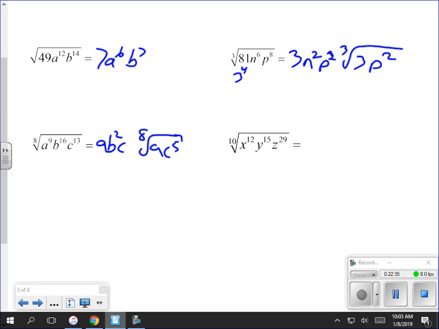So I have x to the 1st, y to the 1st, z squared, and then the 10th root of x squared, y to the 5th, and z to the 9th. Dividing by 10 is easy when you're looking for your remainders. Divide a number by 10, it's the 10's unit, and then the 1's are your remainder. It's easy. Questions?